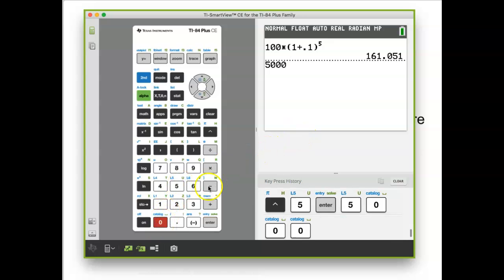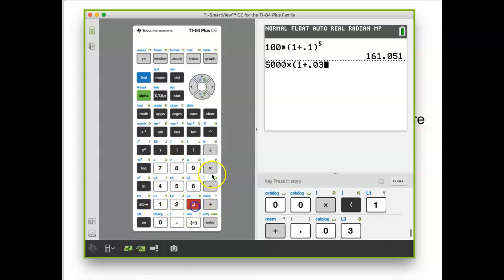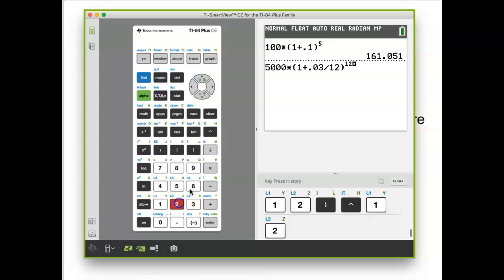5,000 times 1 plus 0.03 over 12, to the power 12 times 5. All right, so $5,808.08.